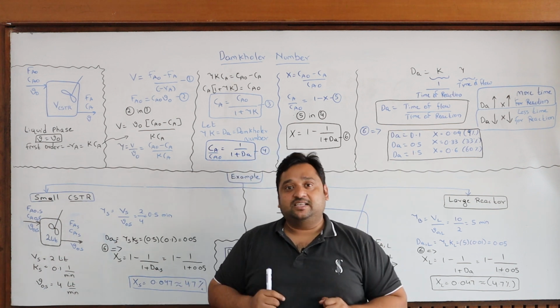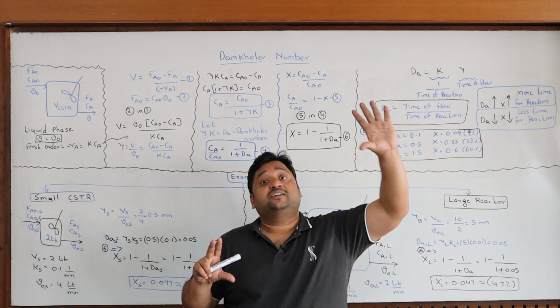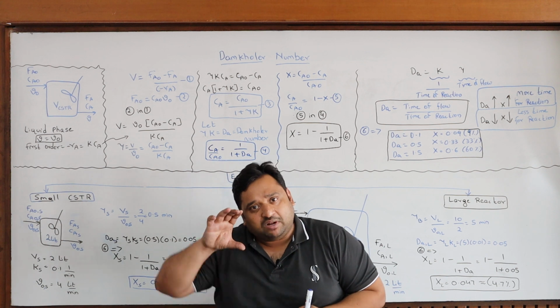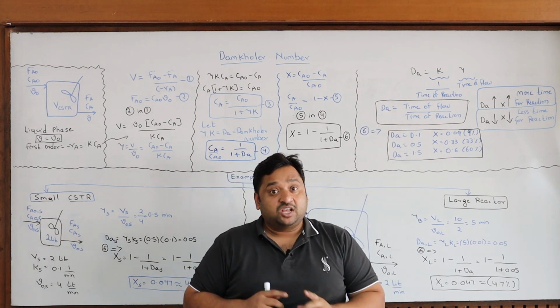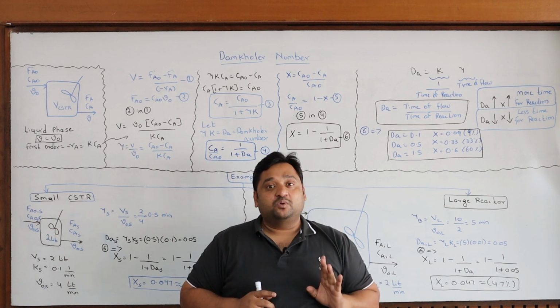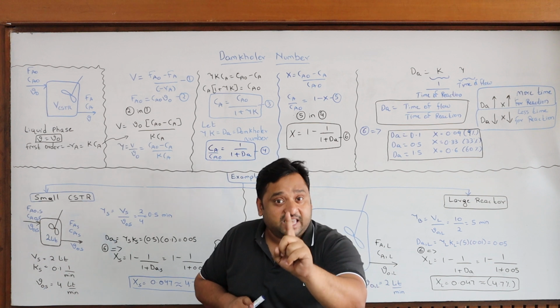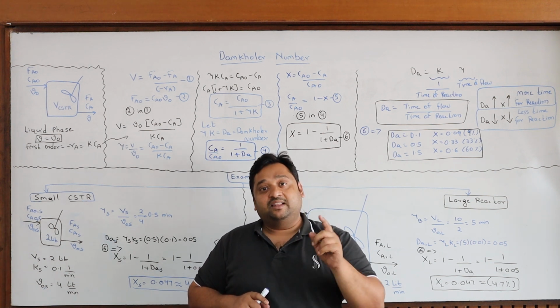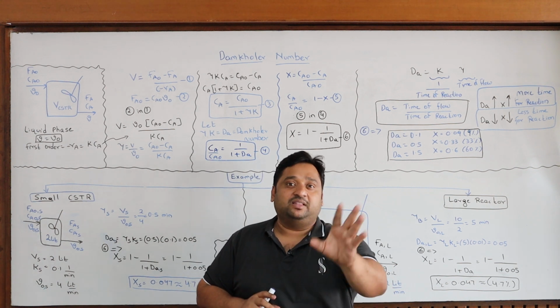And second, if you want to compare two reactors of different size, for example, I have one CSTR of 2 liters and one CSTR of 10 liters, how can I compare these two? If the small reactor and the big reactor have the same Damköhler number, then the conversion in the small reactor and the big reactor will be the same.